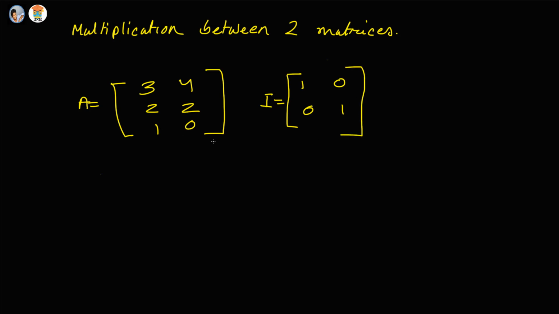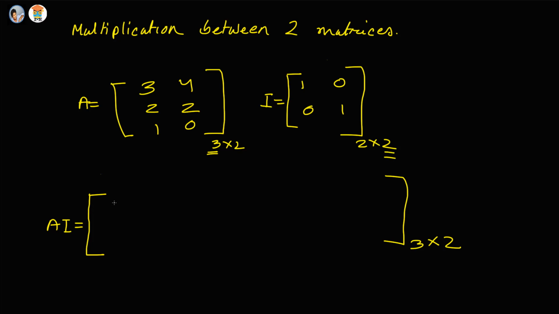So this is a 3 by 2 matrix and this is a 2 by 2 matrix. The resulting matrix for AI will be equal to a matrix where there are 3 rows and 2 columns.